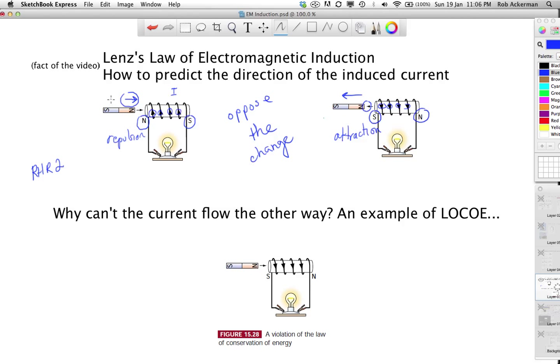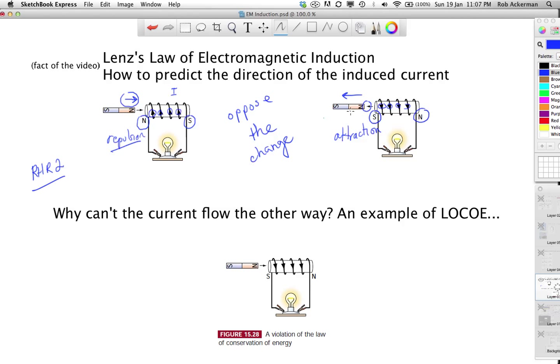If you can remember these three words, oppose the change, you'll be able to predict what direction the current flows. Once again, here a north is being inserted, so a current arises. The direction of that current is such that, according to right-hand rule number 2, the magnetic field opposes the incoming magnetic field through repulsion. Here the reverse is happening.